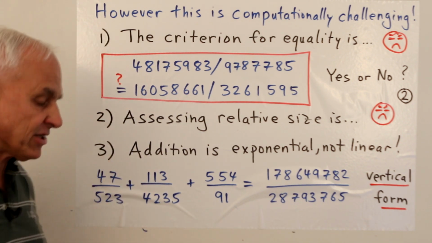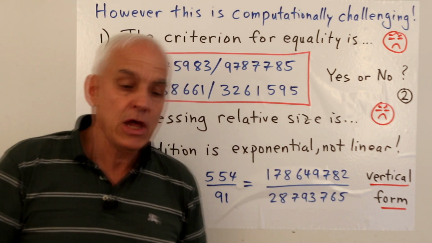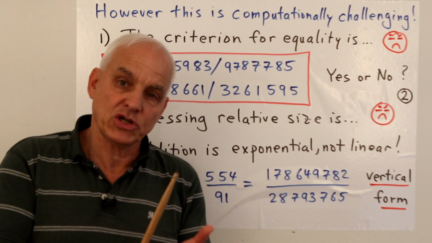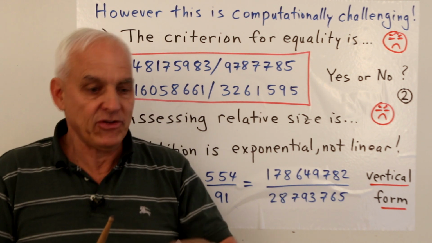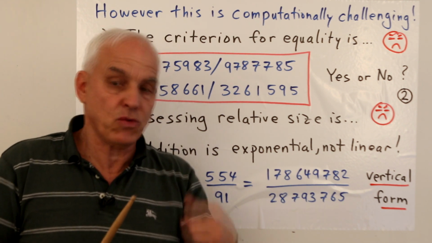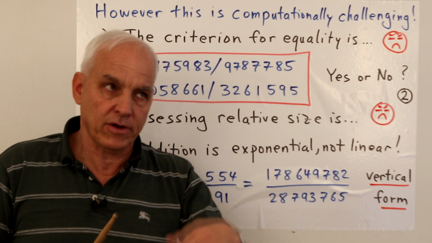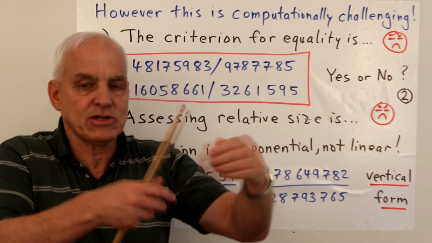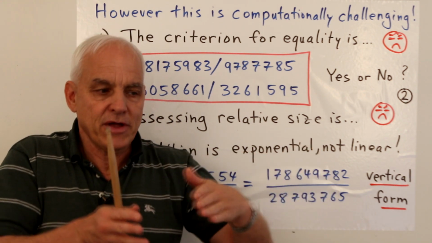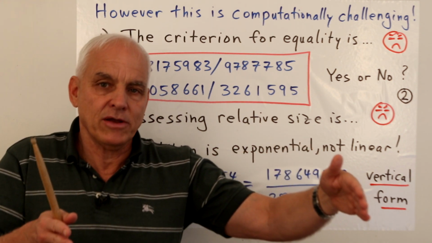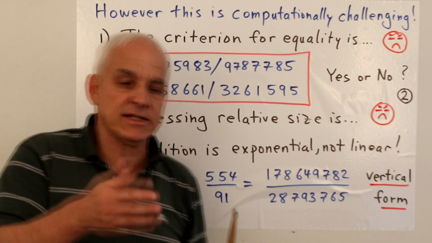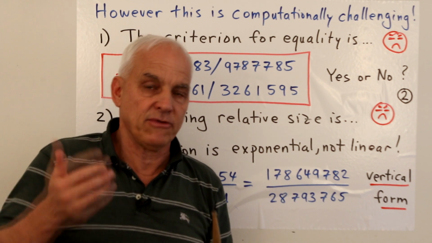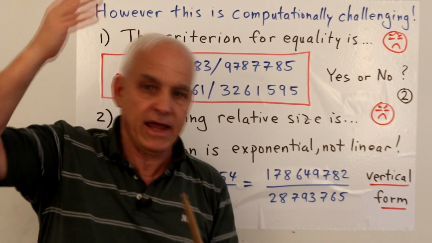The third reason has to do with addition. In ordinary natural number addition, we're used to addition being relatively simple. 5 plus 7 is 12, plus 9 is 21, plus 4 is 25. It's relatively simple. It's kind of linear. The sizes of the numbers don't get that big. Multiplication is worse. 8 times 9 is 72, times 4 is something, and times 8 is something else.